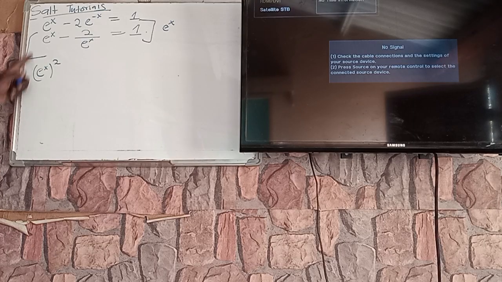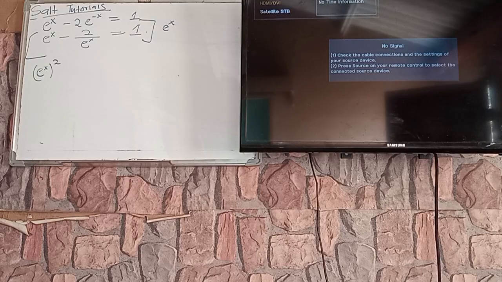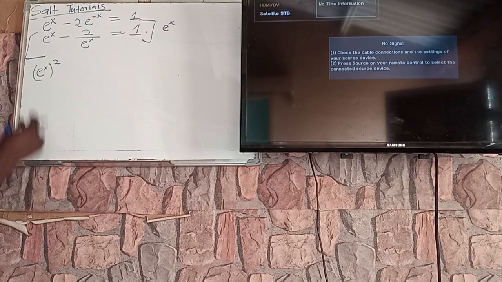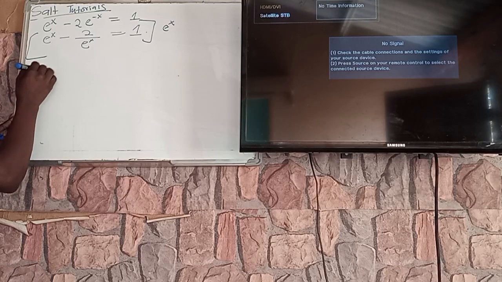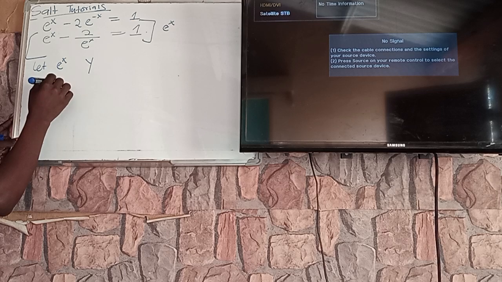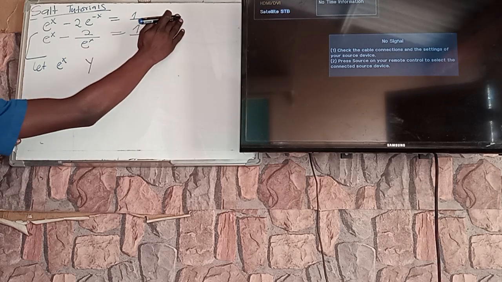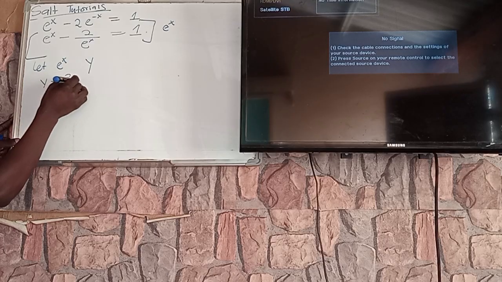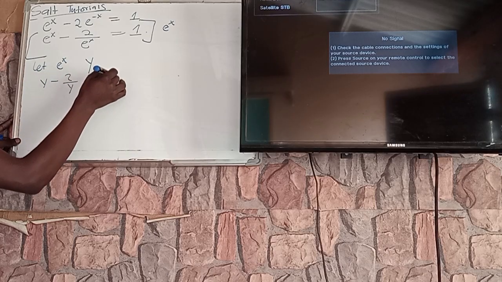If you wish to, you can let e^x be any letter of your choice, because I think it will be very much simpler in that manner. So maybe let me let e^x be y. It means that before you multiply, you can take it as y minus 2 over y to be equal to 1.